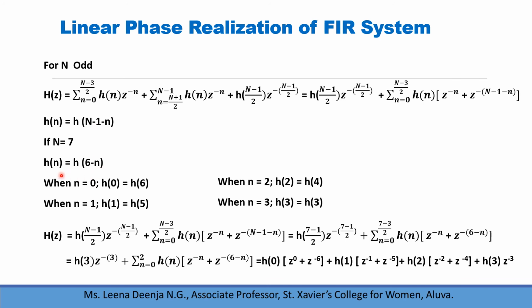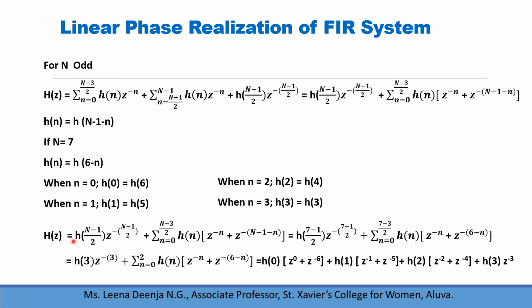Now, if we put our n as 0, it is h(0) equal to h(6). When n equal to 1, it is h(1) equal to h(5). n equal to 2, it is h(2) equal to h(4). When n equal to 3, then h(3) is h(6 minus 3), that is again h(3).